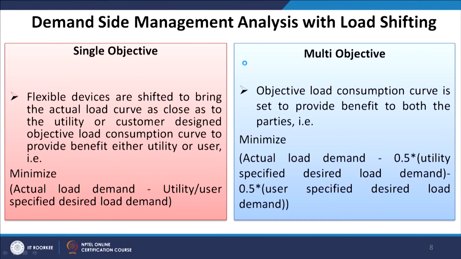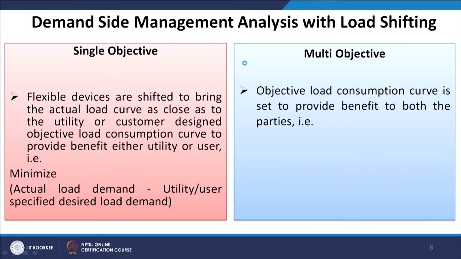But the second one could be, because the consumers have participated actively to achieve your goal, the benefit has to be shared between both utility and the consumers, otherwise consumers may not actively participate and support your program. So, that is the second objective, where we say it is multi objective, where you share the benefit between both utility and consumers. Now, first of all, what is that single objective?